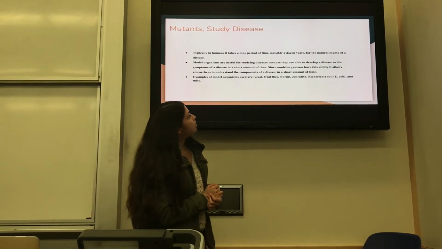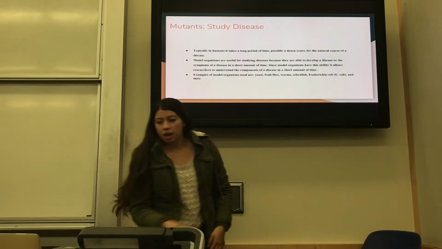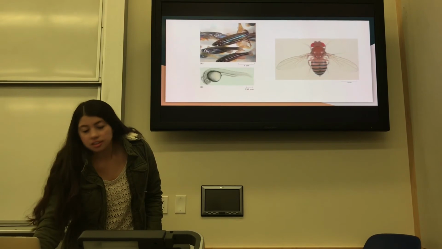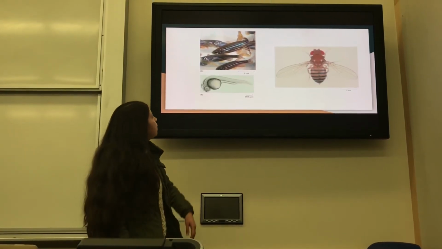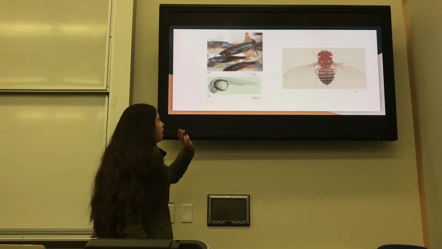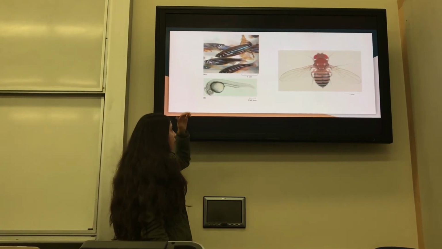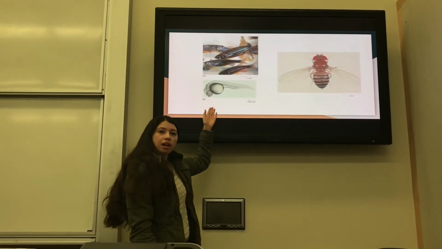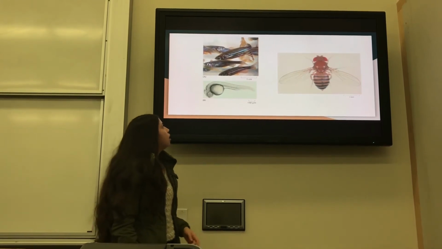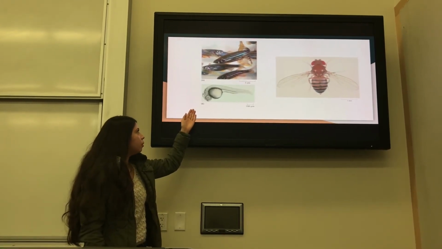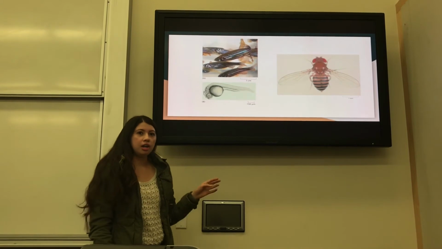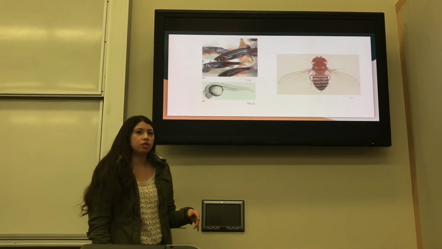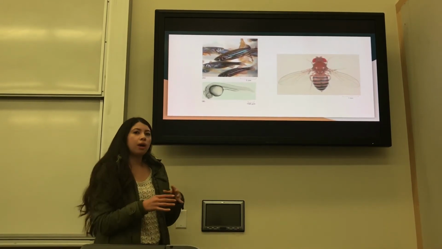And as for zebrafish, we can use this to understand how vertebrates develop, and the reason why is because the embryos are transparent, as you can see in this image, Image B. Because it's transparent, it allows scientists and researchers to see the cells moving around.